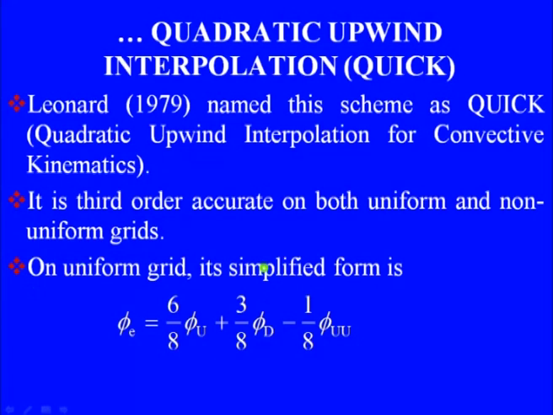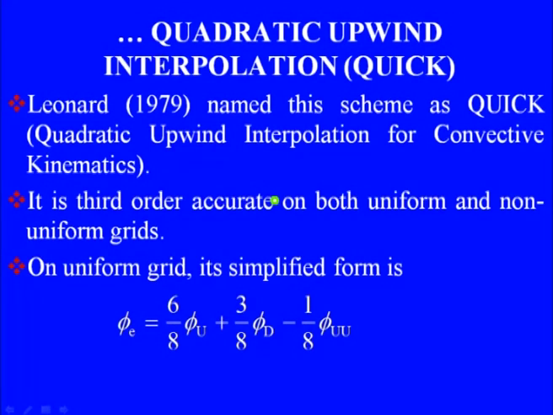Now, this particular scheme is third order accurate on both uniform and non-uniform grids, and in case we had a uniform grid, we get a very simplified form, that phi at e is 6 by 8 phi at the upstream node plus 3 by 8 phi at the downstream node minus 1 by 8 the function value at the upstream to upstream node.